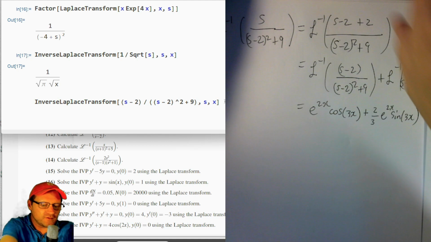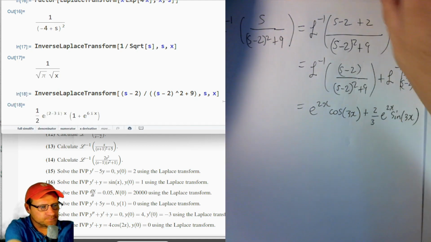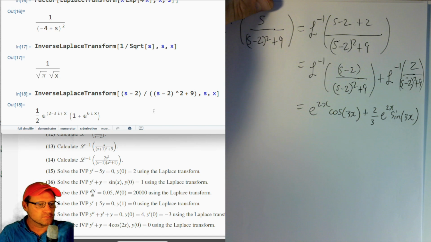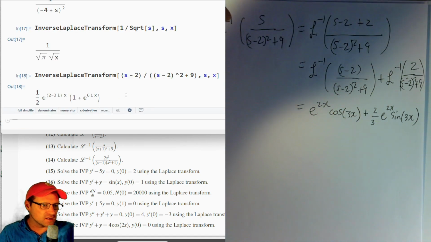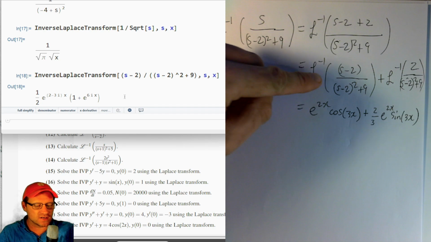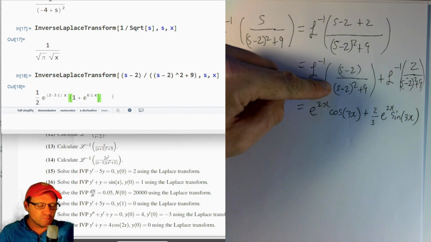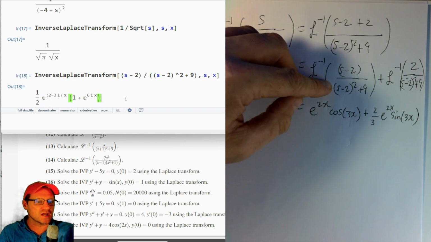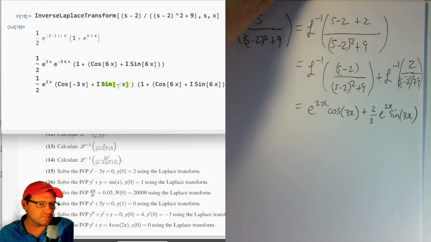Okay, let's verify this in Mathematica. Now it's given us something rather strange looking for the inverse Laplace transform of this, but what we can do is use the fact that e to the i theta is cos theta plus i sine theta.